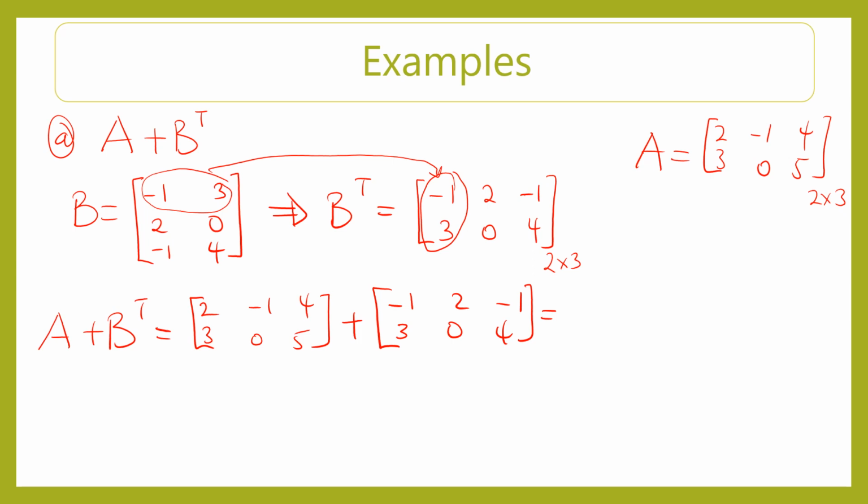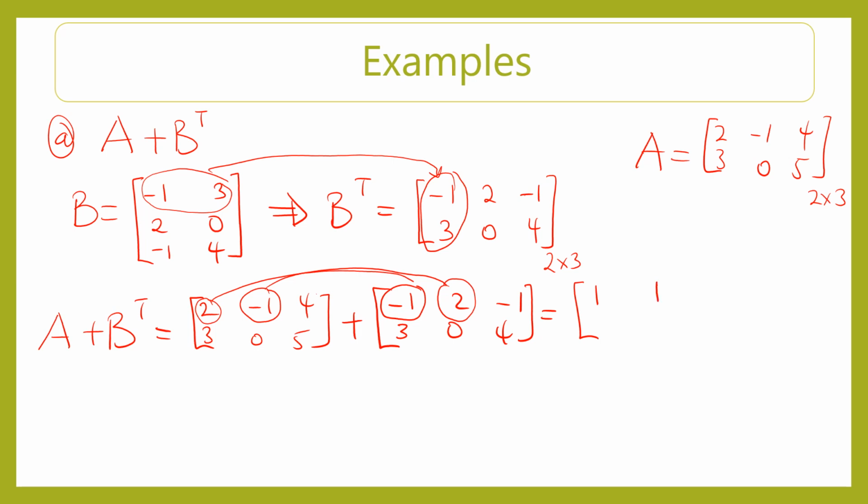Remember that when we add matrices together, we add entries component-wise. So the first entry here is 2. We add it to the first entry here, which is -1. So 2 - 1 gives us 1. The second entry here is -1. We add it to this entry. So -1 plus 2 is 1.